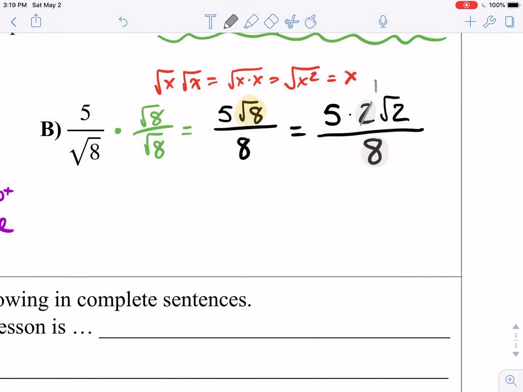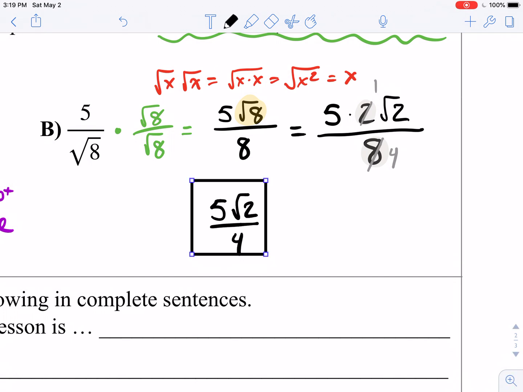Cross out 2, give it a 1. Cross out an 8, gives us a 4. So our fraction reduces to 5 times the square root of 2 all over 4. And we're all set. So it's okay that we have a fraction. We don't have a radical in our denominator, so we are all set.